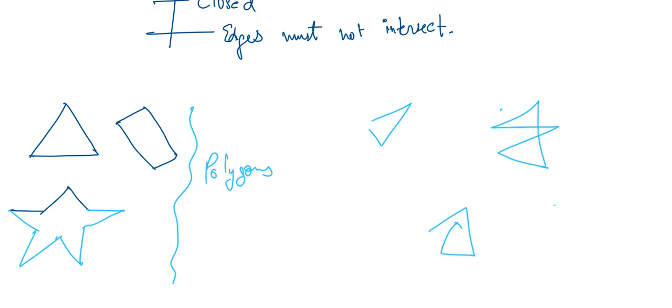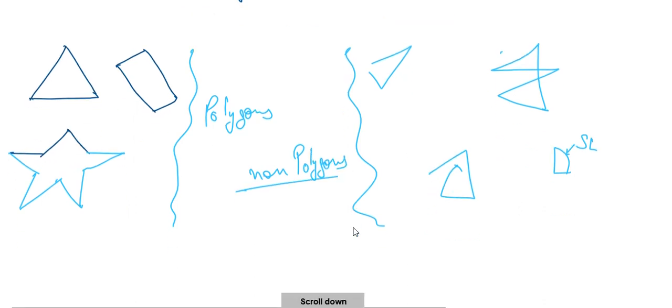Likewise, if we have a shape like this, it is also not a polygon since one of the edges is not a straight line. So I would categorize all these figures as non-polygons. So these are my basic classification of what polygons are.